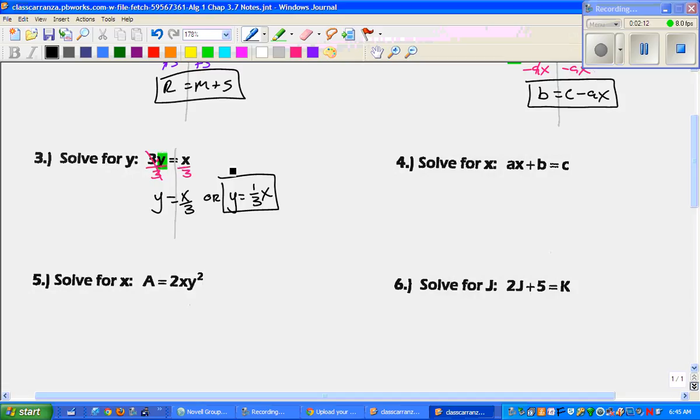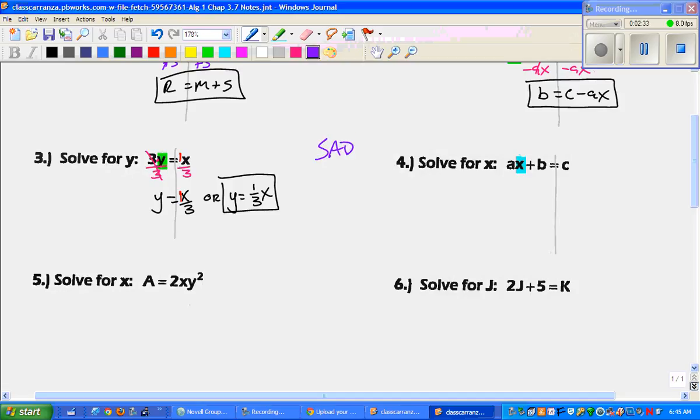The reason you can do that is because how many X's do you have? We have 1X. So when we're writing linear equations out and graphing them, this is going to be more helpful.